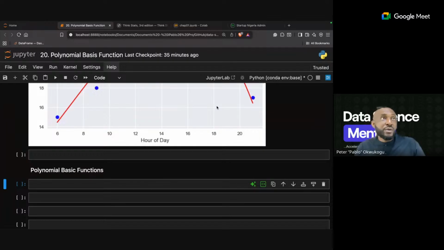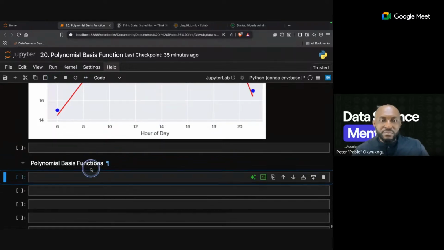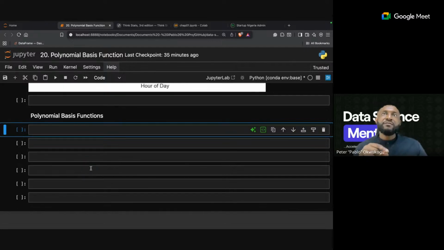And in this cohort today, we're going to be talking about the polynomial basis function. Now, the polynomial basis function is a clever trick, and it's important we talk about that.